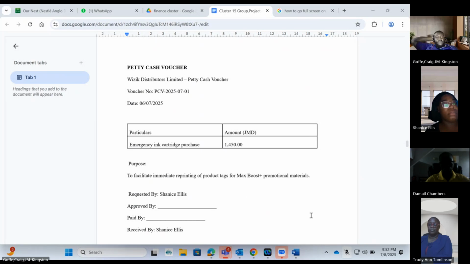ensures transparency in regards to spending of small cash amounts. And the consequences of missing or inaccurate records when it comes to the petty cash voucher include untracked expenses and delays. This slows operations, for example, emergency purchases.